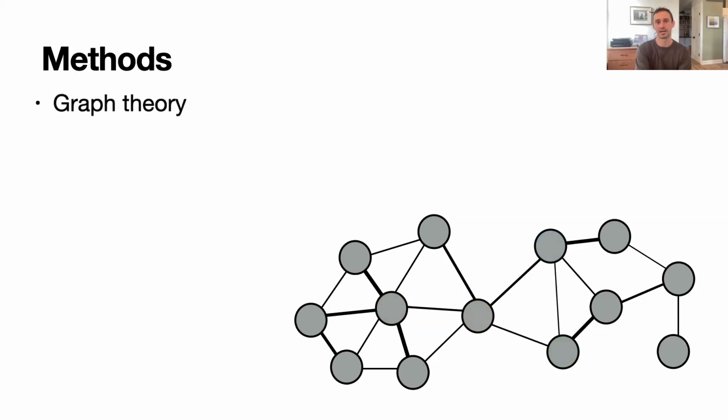Graph theory has been around for many years, but recently it has revolutionized network neuroscience. Graph theory is simply a branch of mathematics that uses nodes and edges to build networks, and there are many different types of graphs that we can build depending on what the nodes and edges represent. But in this case, each node represents an individual voxel, and the edges between nodes represent the strength of connectivity between all pairs of voxels in the brain.